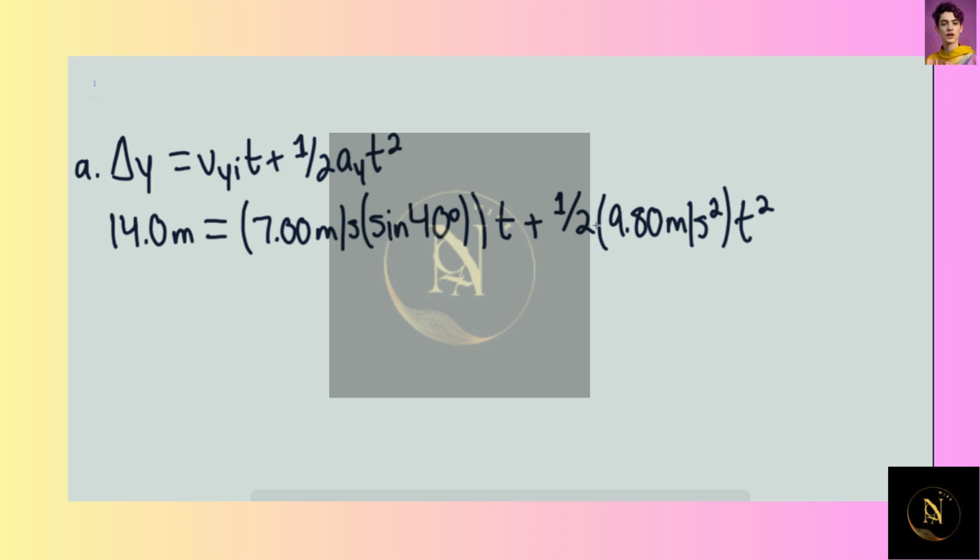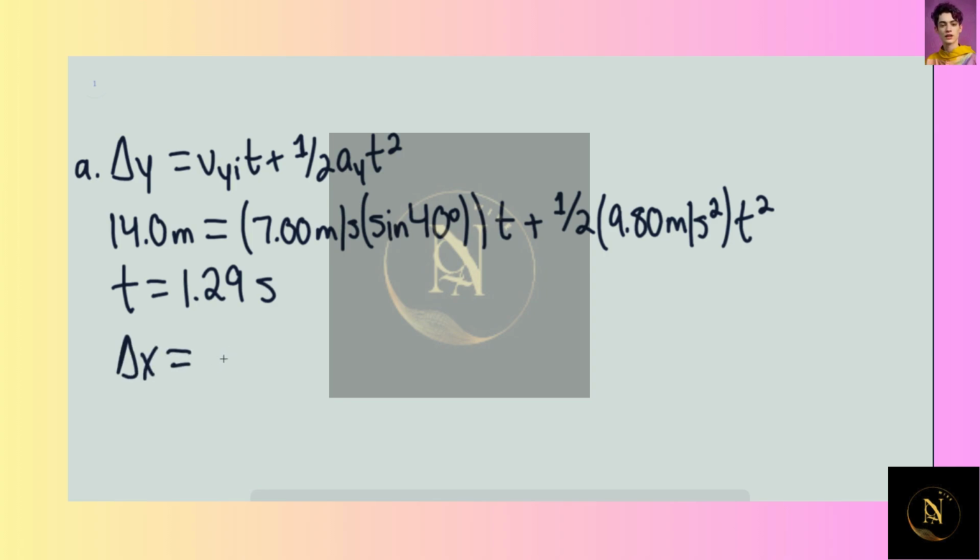It's a bit cumbersome, so you can just use the solve function on the calculator in order to solve for t, and the only positive root for t would be 1.29 seconds. Then we're going to use that for the displacement in the x direction.